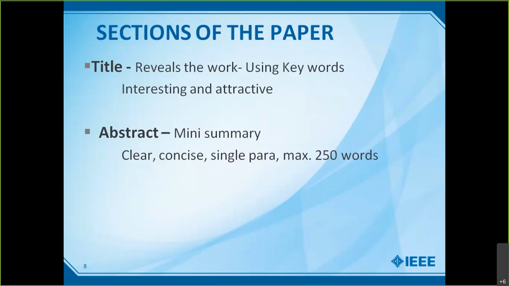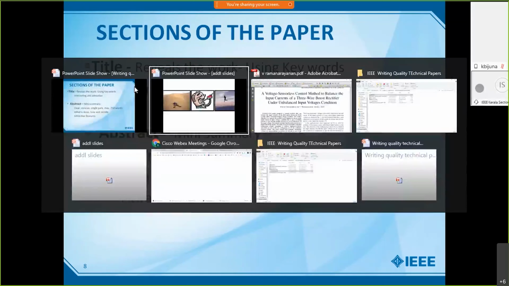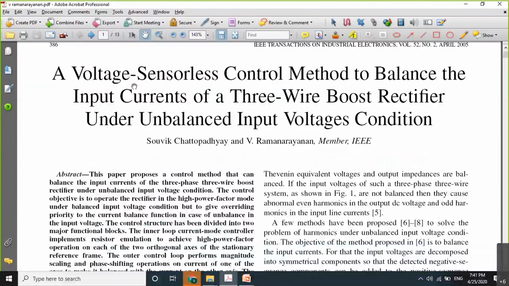Now, the content of the abstract is what is done, what are the results, what are the attractive features. I'm going to this particular paper, as I said, a paper from IISc Bangalore, a good one to refer. See here, this is the abstract, one paragraph.